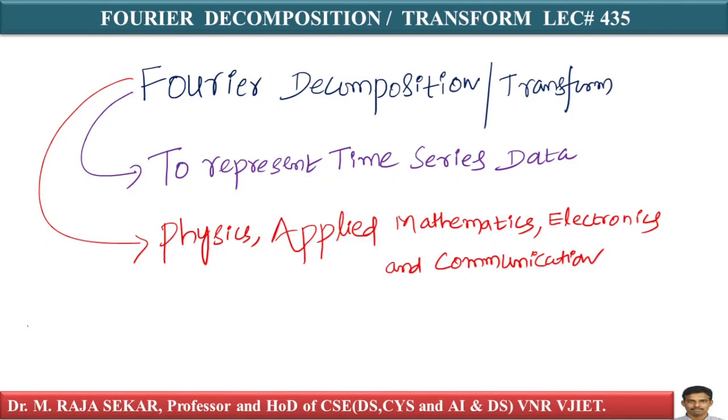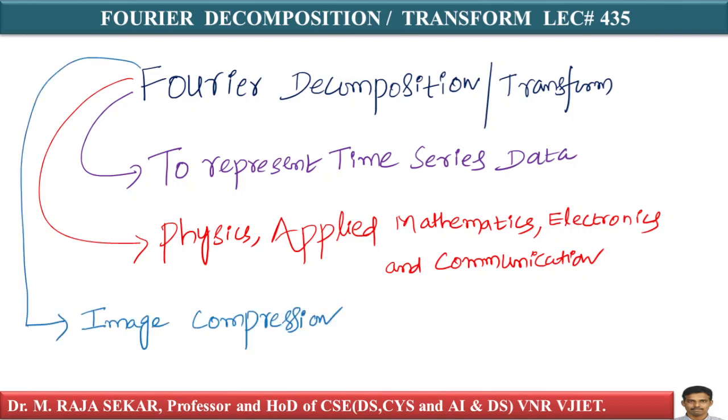It is used in concepts like image compression and signal compression. Mostly people have studied signal processing as a subject. If you have studied it, you would have encountered Fourier transform or Fourier methods there.